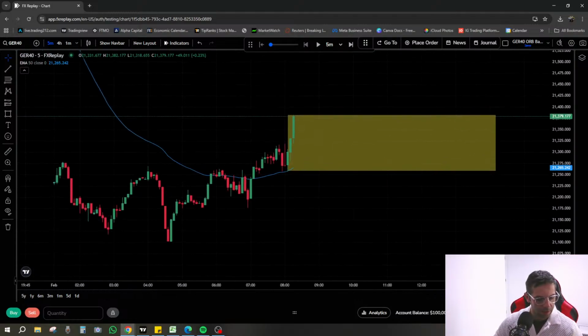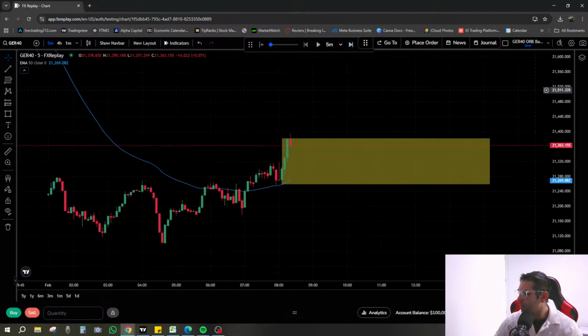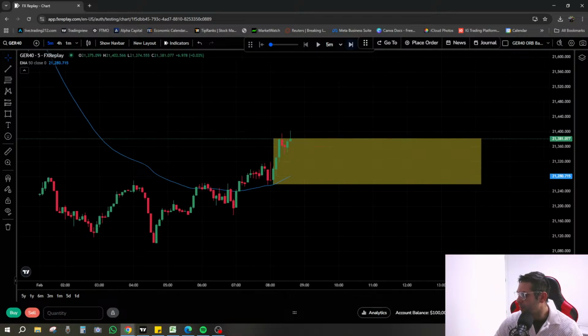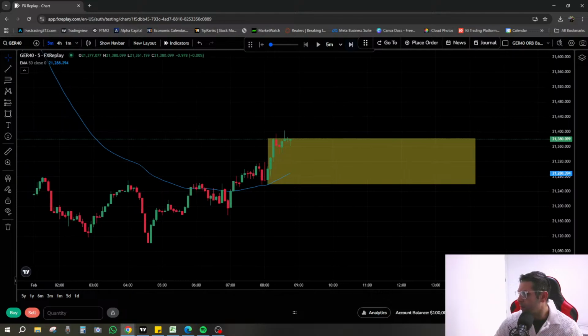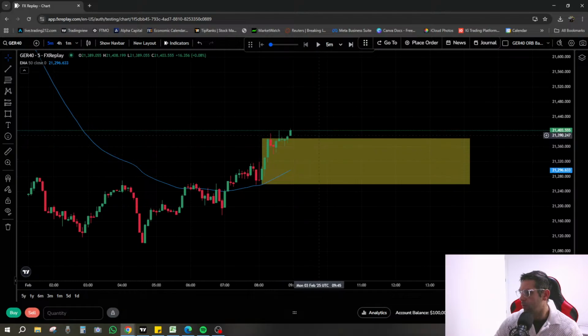Let's see what happens next. Failed to break. So ideally what we're looking for is a break and the follow through.